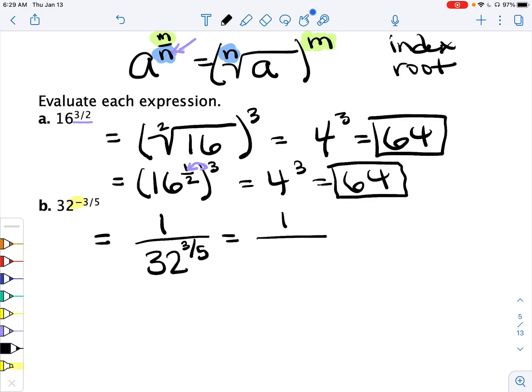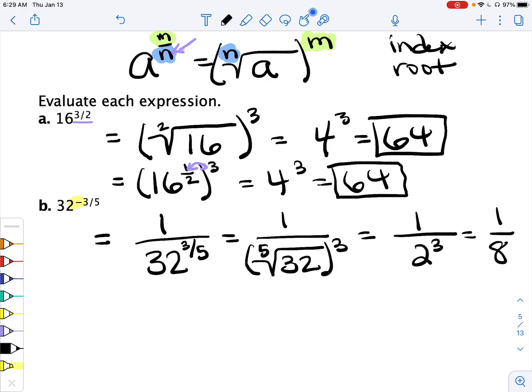So 1 over the fifth root of 32, all of that to the third power. The fifth root of 32 is 2. 2 to the third power is 8. So it's 1 over 8.